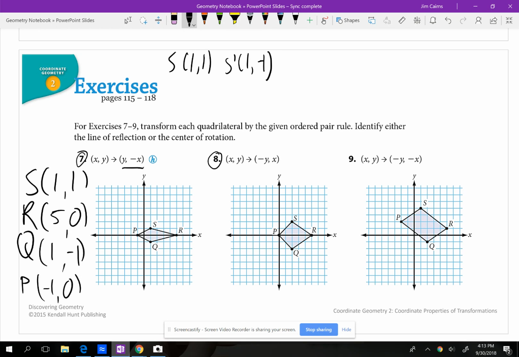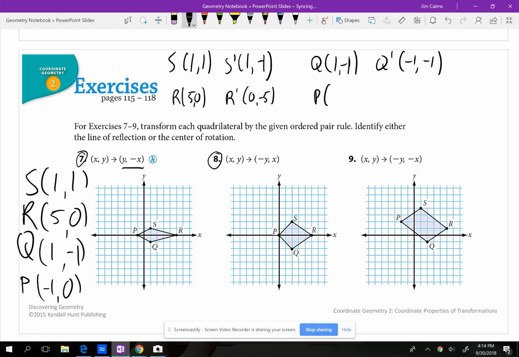Then with the R, which is 5, 0, again, we're going to switch them and make that negative. And then with Q, I'll switch it again, make that negative.